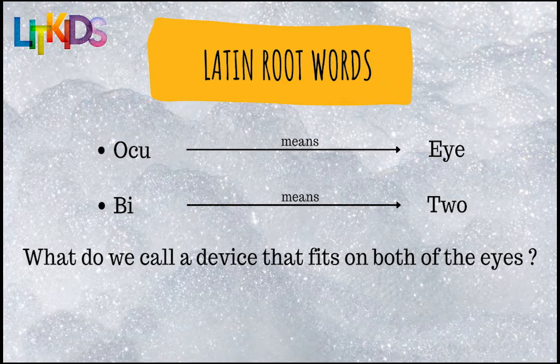Okay, now maybe a more common word is what you call a device that is used by both of your eyes at the same time. And here's a hint, the word for two is bi. And yes, the word is binoculars.